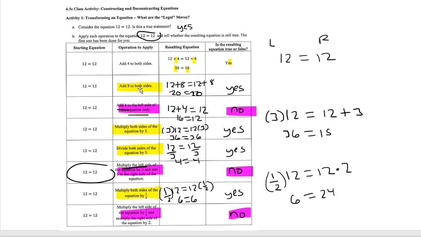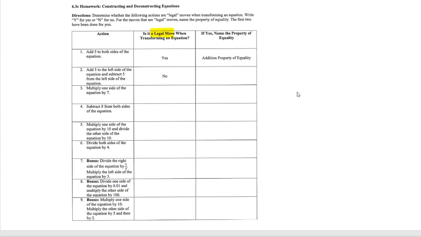All of the ones in yellow, those would be considered legal moves, because we're doing the exact same thing to both sides of the equation and the equation stays equal. The ones in pink are not legal moves. When you have an equation, you can't do different things to both sides and keep the equation equal. So with that in mind, let's look at these.